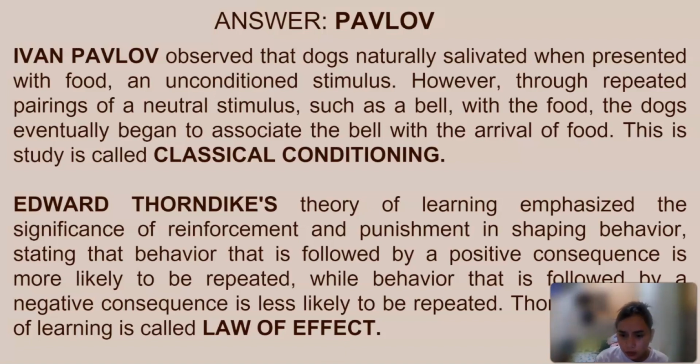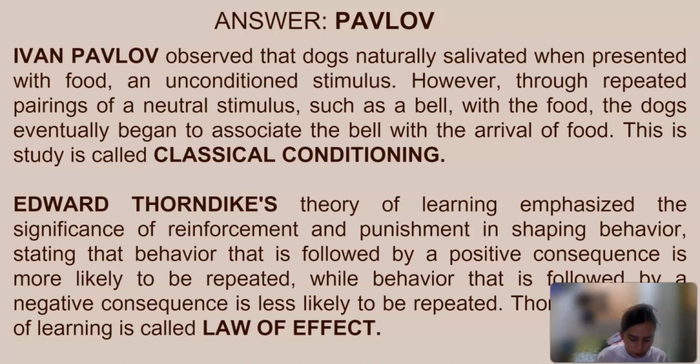And lastly, the conditioned response. The conditioned response, or CR, is the learned response that is produced by the CS. The CR, or conditioned response, occurs after the conditioned stimulus has been associated with the UCS, the unconditioned stimulus, or the food.